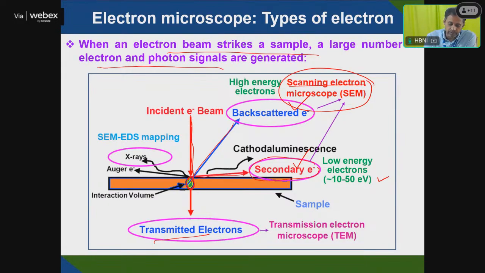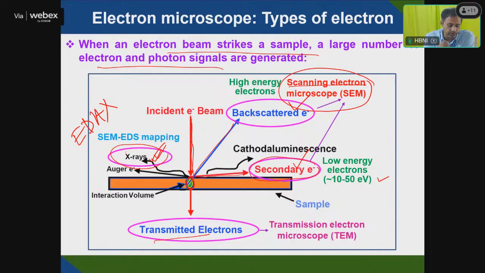And then during the interaction of the electron beam, some X-rays are produced, and those X-rays are used for X-ray mapping. In SEM or TEM, we know EDAX analysis, energy dispersive X-ray analysis, is used to find out the composition, or elemental mapping.